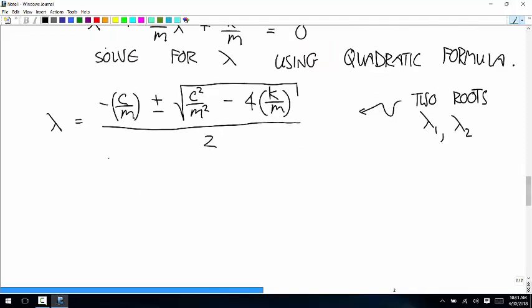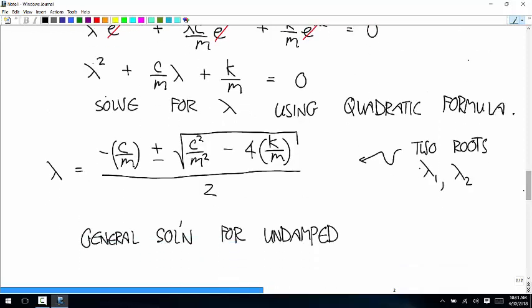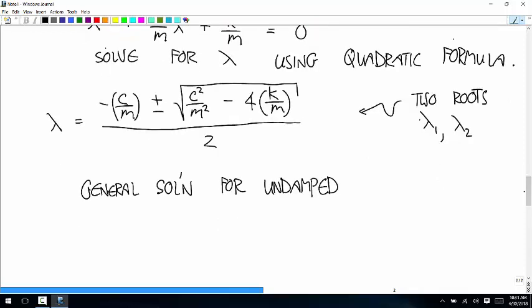And so then our general solution for this undamped system, okay, so this is the general solution for the, no, not undamped.